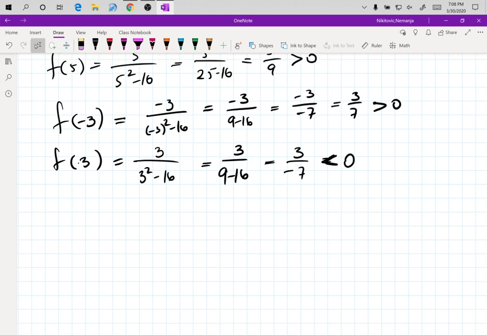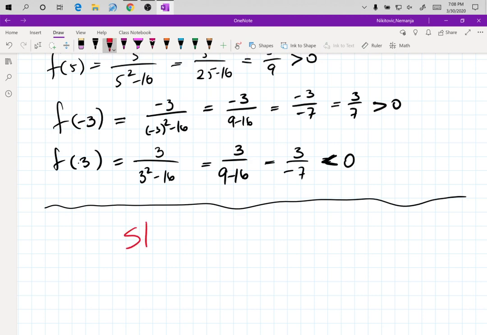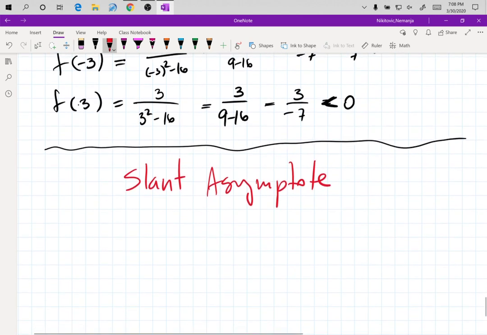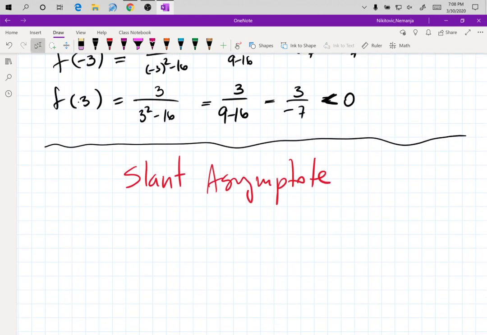Now you can get it when the degree is 1 higher. That will make more sense when we write it down. So here is the third type of asymptote called slant asymptote. Some people also call it oblique asymptote. Oblique asymptote is of the form y equals mx plus b.